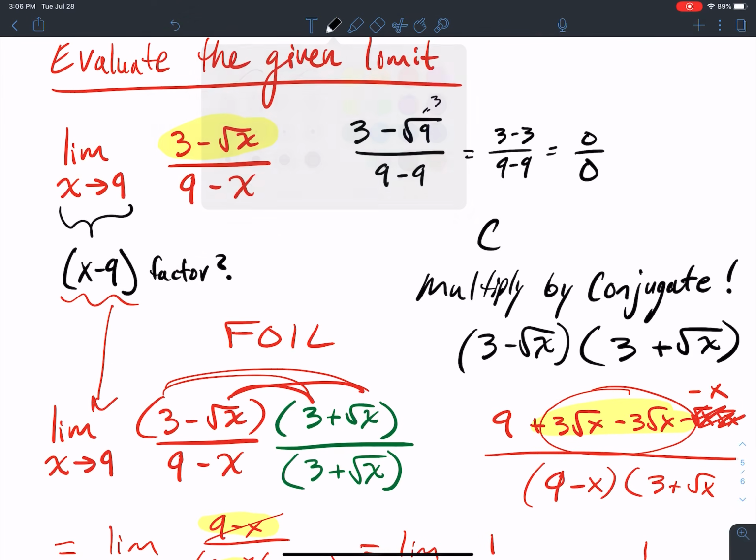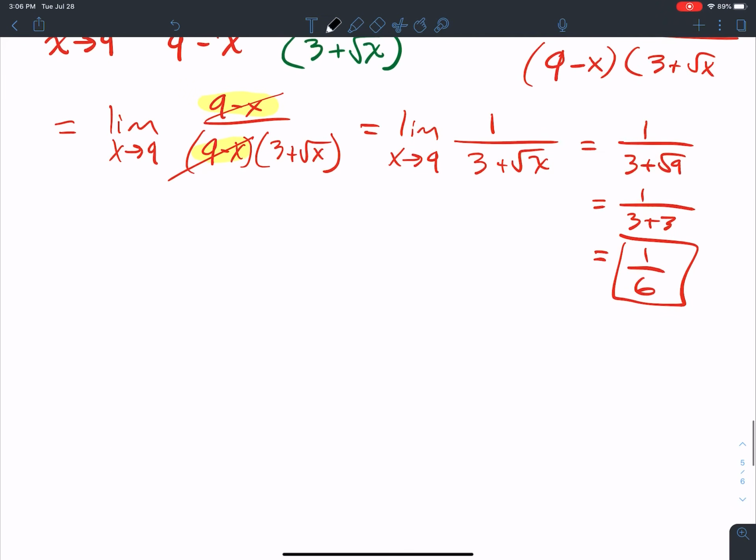Just to give you one more little trick, say you had x squared minus 7. There's a way that you can factor this. I know you're thinking, well, 7's not a perfect square, right? But watch this. You can factor this to be x minus the square root of 7 times x plus the square root of 7.